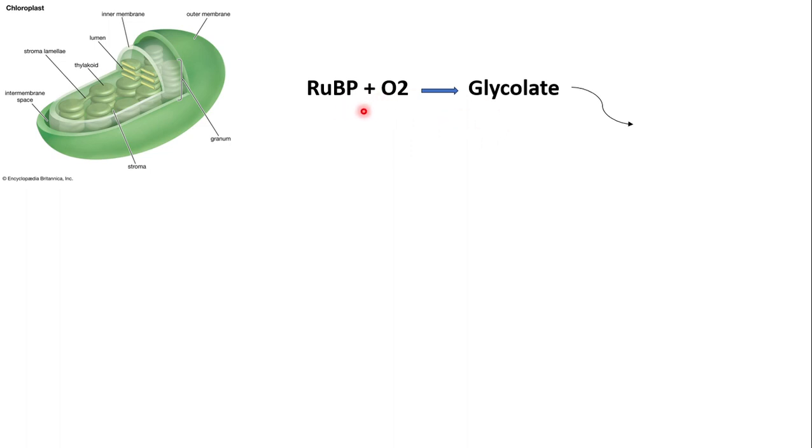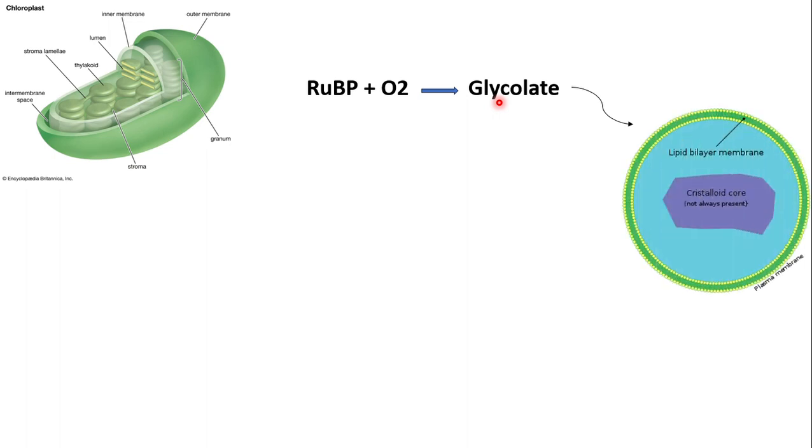So after the mixing of oxygen with the RUBP and production of glycolate, this glycolate will diffuse into a membrane-bounded organelle called the peroxisome. And after diffusing into the peroxisome, it will then convert into a product called glycine. And the conversion of glycolate into glycine is not a single reaction. This conversion is carried out in a series of reactions.